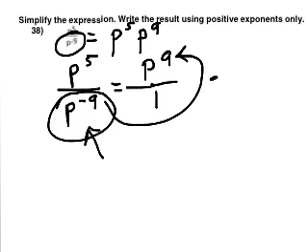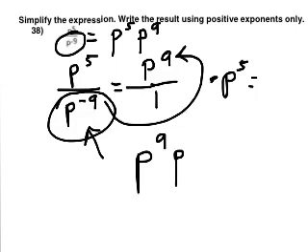And that is times p to the 5th. So what we have here is p to the 9th times p to the 5th, or p to the 5th times p to the 9th. Now if you get confused about what to do now, you see we have this p here is times itself 9 times.